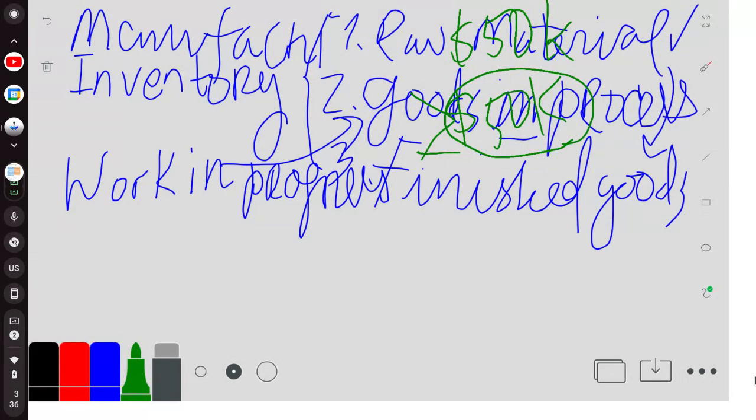If it is in a half-processed state, there's no going back. You have to bring it to the final stage, which is the finished goods. Once it is finished goods, its value will no longer be 50K. Isn't it right? Suppose you're making computers, and the 50K was the raw material, parts and components.